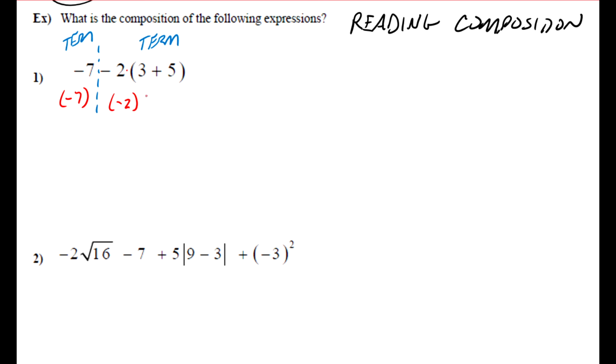And then the other factor is the grouped expression, this 3 plus 5. So you notice this term has two factors. And again, we're not evaluating yet, we are just reading the composition.